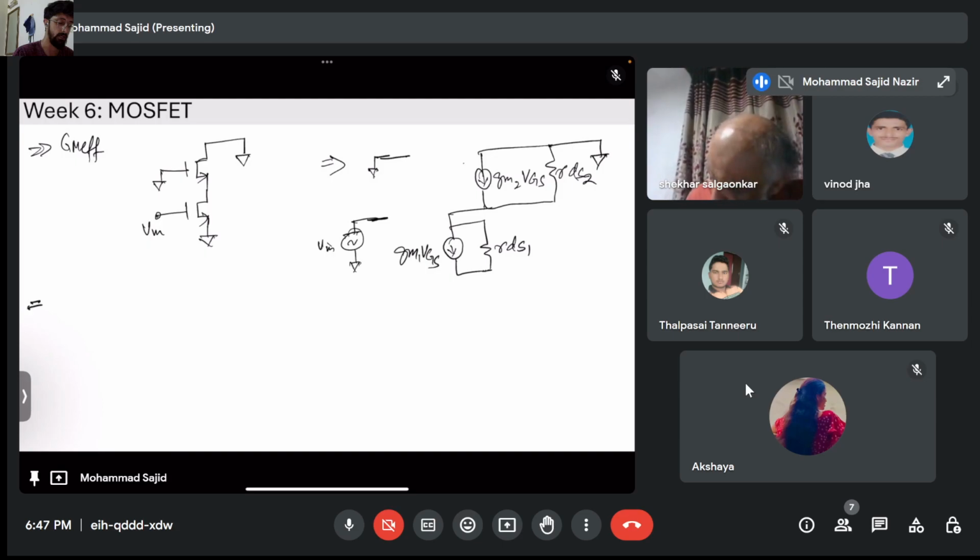Can you pick up your pen and paper and find GM effective? I will give you 3 to 4 minutes. GM effective will be I output by V in, where this is I out. Then, if you are not able to, I will try.